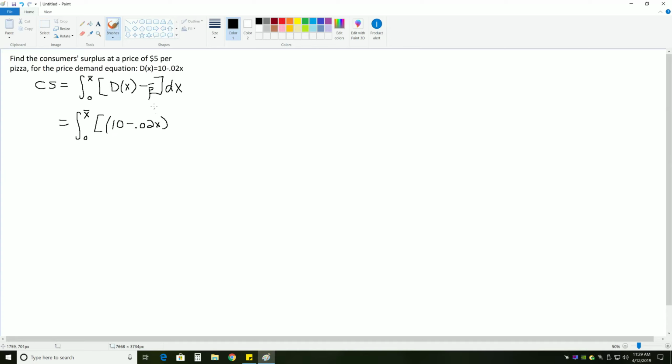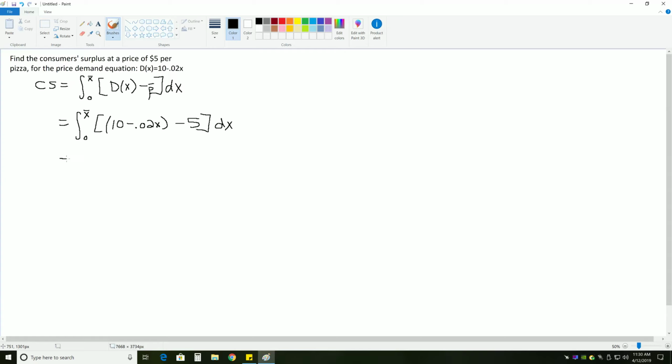And then from here, we were given p bar. P bar is our unit market price, or in this case, the price per pizza, which is $5. So we're going to subtract p bar, or subtract 5, and we're integrating this with respect to x. So we put our dx at the end.